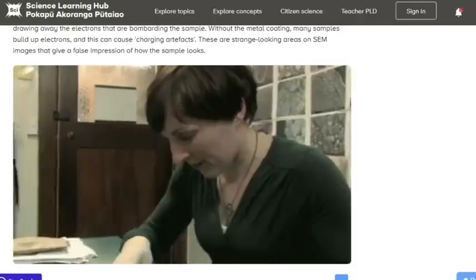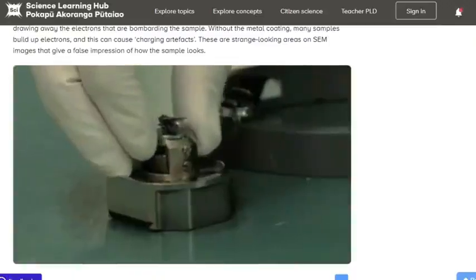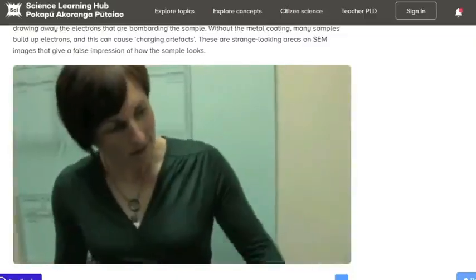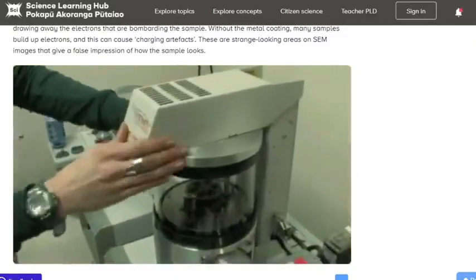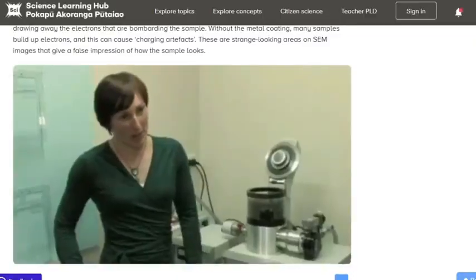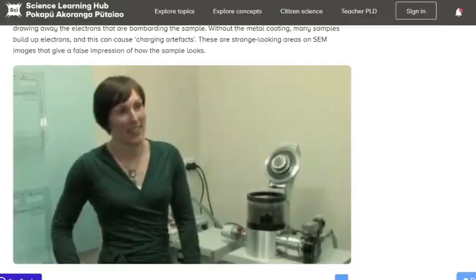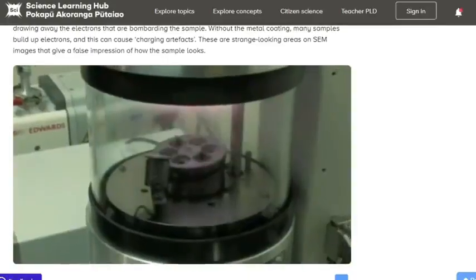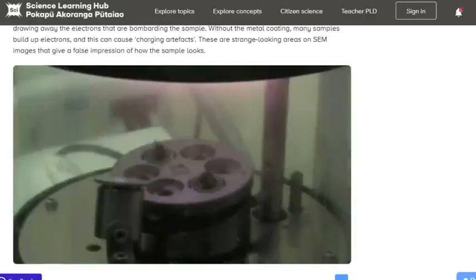So we'd get our sample, attach it to a holder so it's attached quite firmly. We'd load it into the splasher coater, shut everything up and create quite a high vacuum in the coater. We would then pass a voltage over the top of the coater where the metal target is sitting, and that creates a little electric field inside the coater itself. We then bleed gas into the chamber, and the gas molecules get all excited and they kind of hoon around and knock little bits of the target material off.